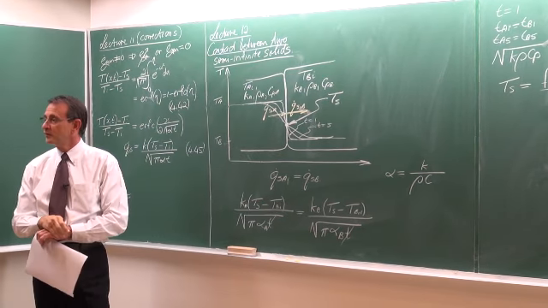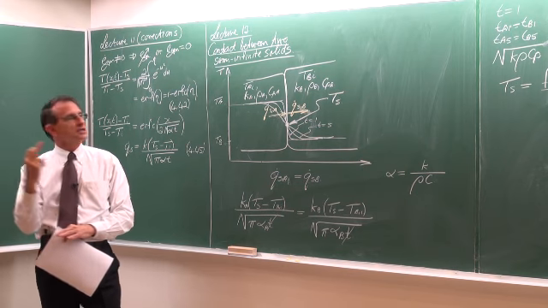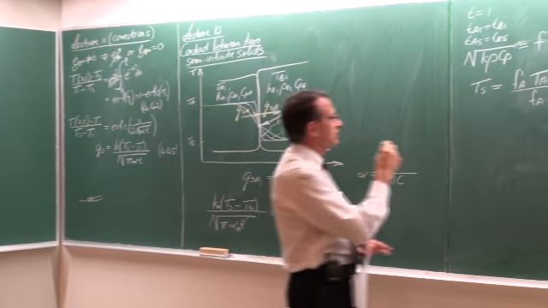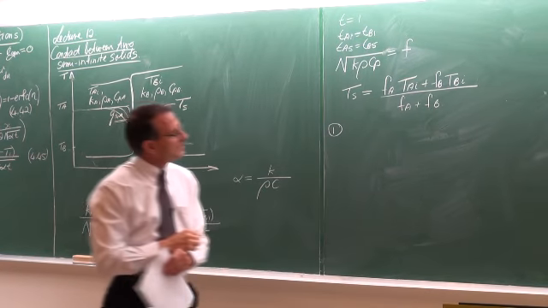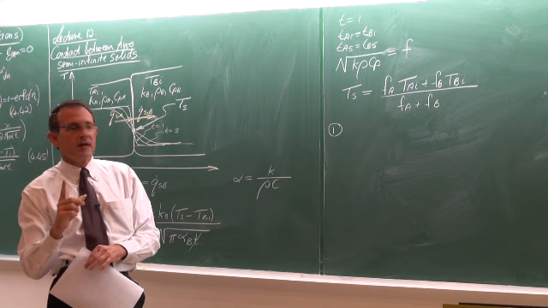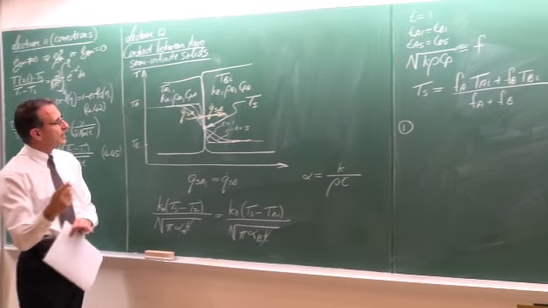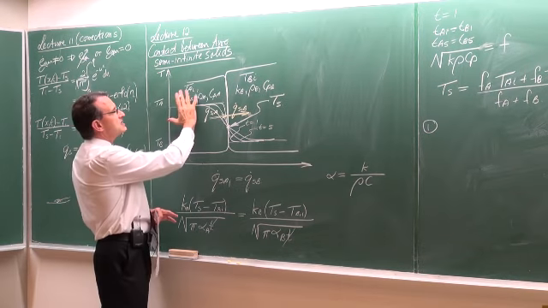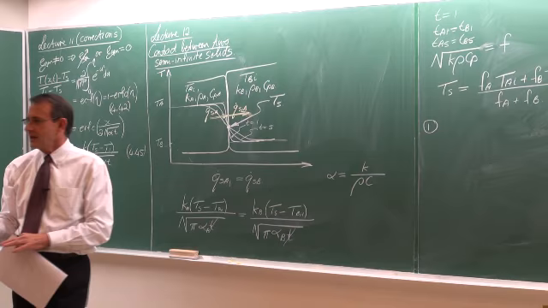It's not a function of time. Two observations that we can make from this equation. The first observation is that if Fa is equal to Fb, what does that mean? It means that this body and this body are made from the same material.